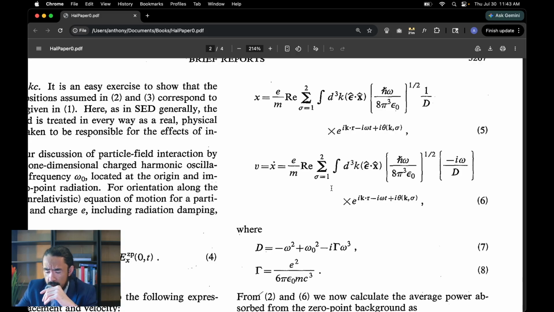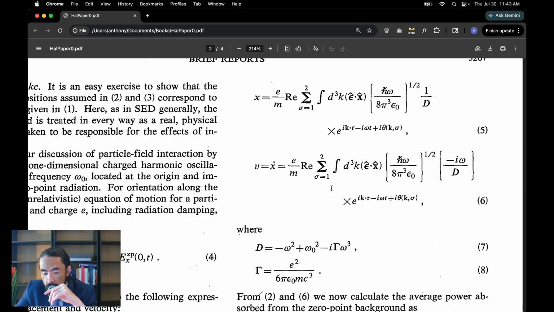And in the displacement and velocity equations, which are enumerated equations 5 and 6, capital D is shorthand for negative omega squared plus omega naught squared minus i times capital gamma times omega cubed, where capital gamma is equal to a fraction with a numerator of lowercase e squared over a denominator of 6 pi times epsilon naught times m c cubed.